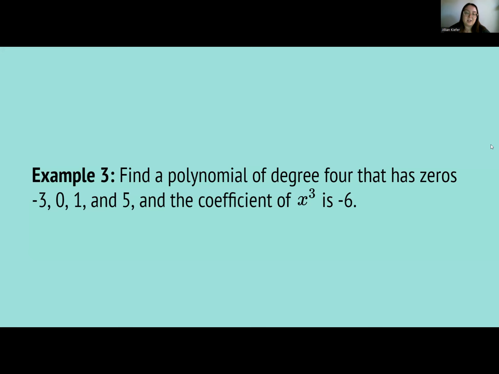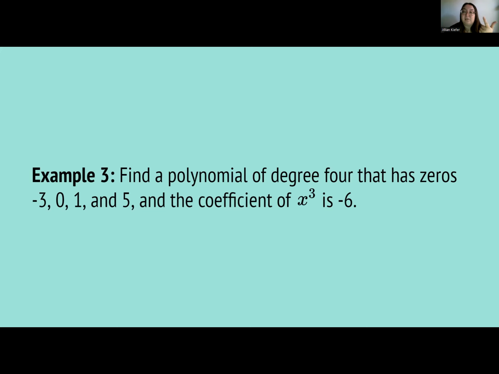Example 3. We want to find a polynomial of degree 4 that has zeros -3, 0, 1, and 5, and the coefficient of x cubed is -6. So we're going to have to find a polynomial. That means that we are creating a polynomial with the given information.